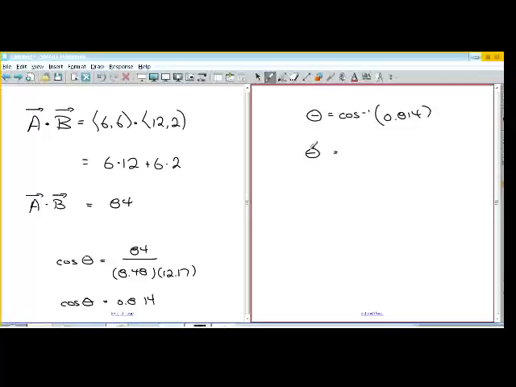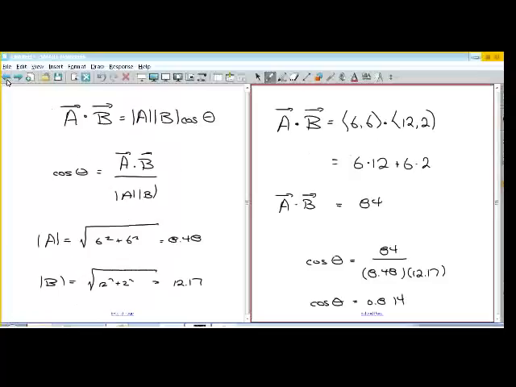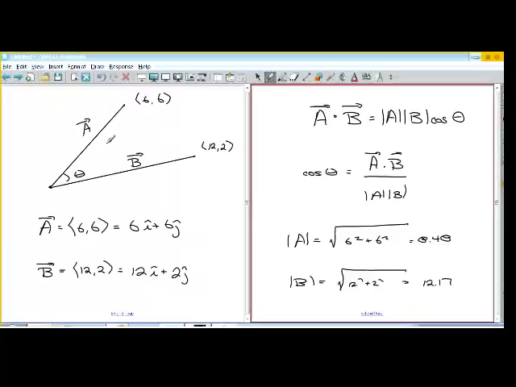So take the inverse cosine, make sure my mode is correct, which I didn't have in the right mode. So inverse cosine of 0.814 is 35.5 degrees. And that's the angle between the two vectors right here.